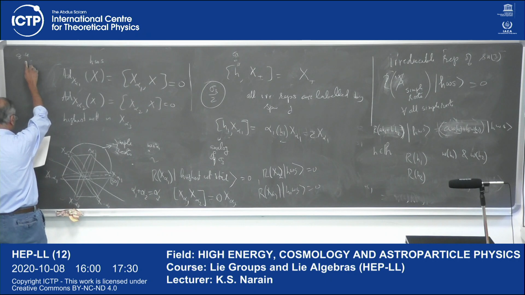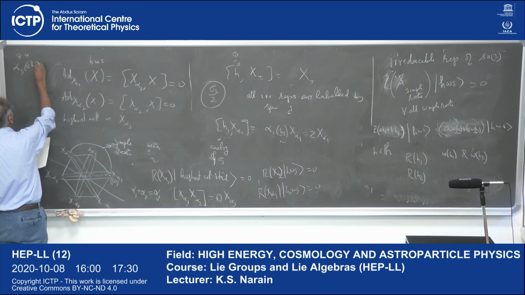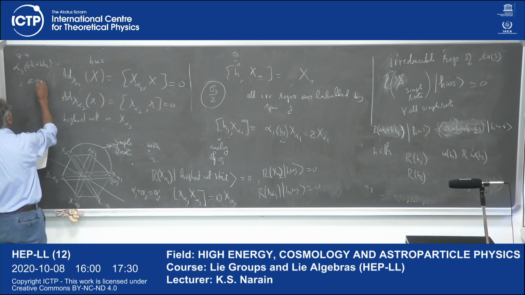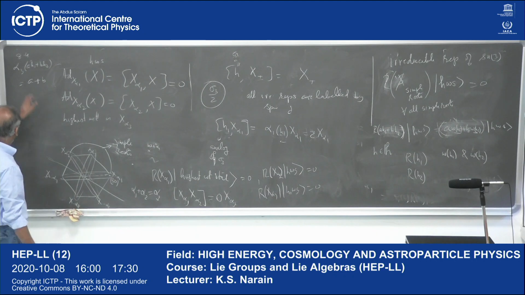In 8.4, you saw that alpha 3 of AH1 plus BH2 is A plus B. So if I take alpha 3 of H1, it is simply 1, and alpha 3 of H2 is also 1. Is that clear?